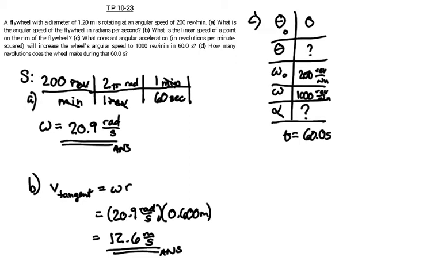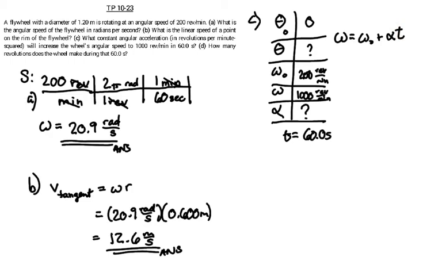So looking at my kinematics table, I see that my first kinematics equation is going to be the one I need, which is the angular speed in the final frame is equal to the initial angular speed plus the angular acceleration times the elapsed time. All right, so I have the first two, I have this variable, and the time.